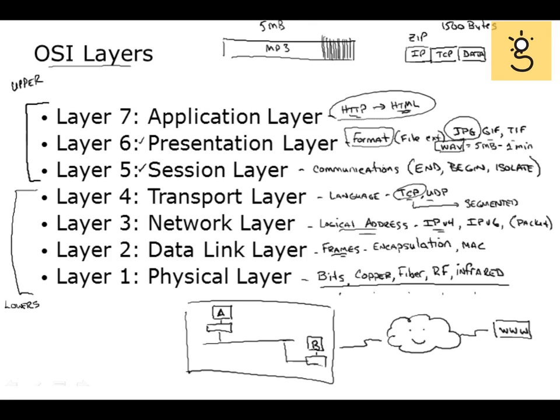That's going to get me to the city. But once I get to the city, I need to know exactly what your address is, and that's where we have the MAC address of layer 2. Let me erase the word zip here. So really what we're seeing here is layer 4 of the OSI, layer 3 of the OSI, and layer 2 of the OSI. Once we got to layer 2, we're done.